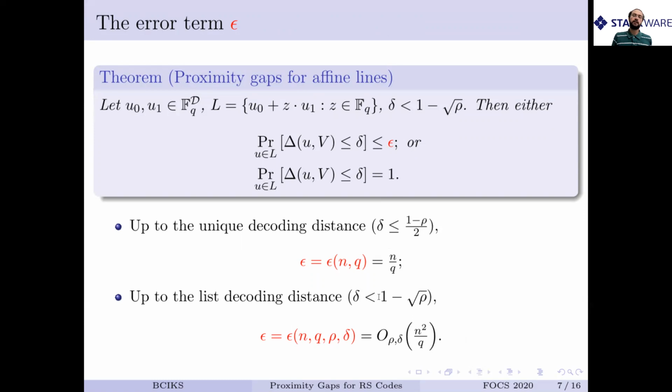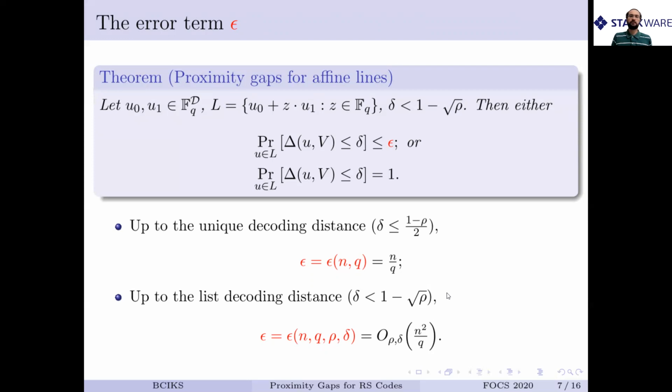For greater delta than that, for delta up to the Johnson bound, up to 1 minus square root rho, which is also called the list decoding distance, because this is the distance where we know that the size of the list of all possible decodings within this distance is bounded in some way, we get this theorem with an error term which, for fixed rate and delta, is of the form n squared over q.